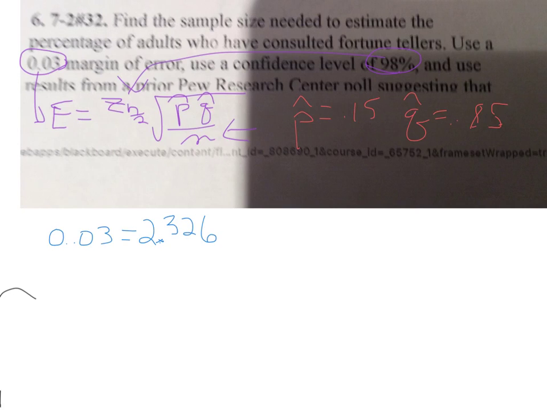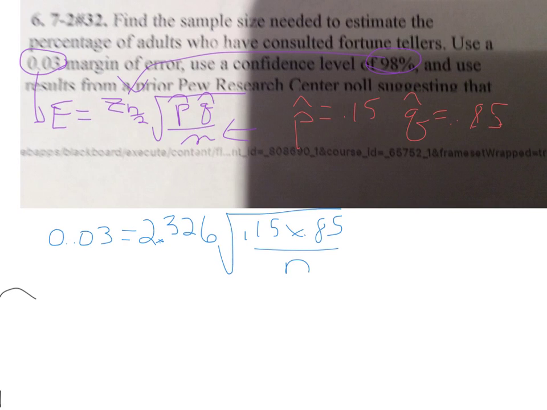You actually find it in all the numbers in the body of the chart, and then go over to the left and find out what that z-score is that gives you the 0.01 for your 1%. Okay, so you find 0.01 in your chart, and then work backwards to figure out what Z that was. And so we have the square root of the 0.15 times the 0.85 all over n, okay?